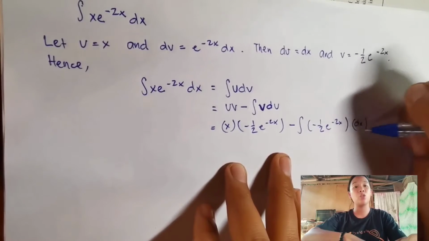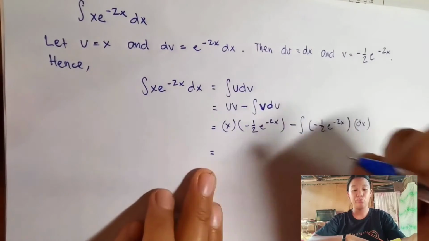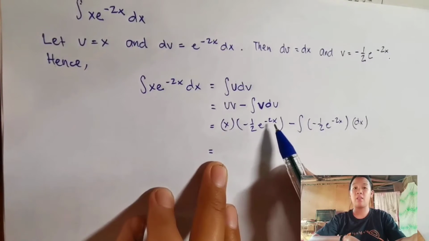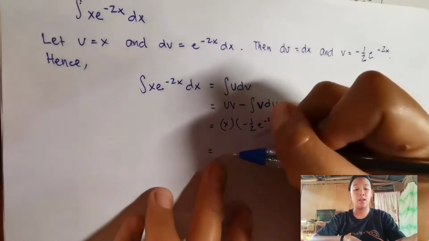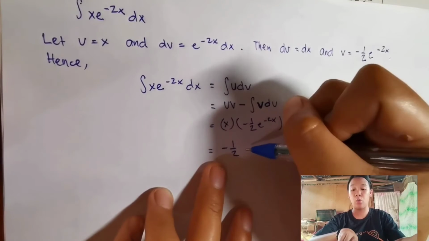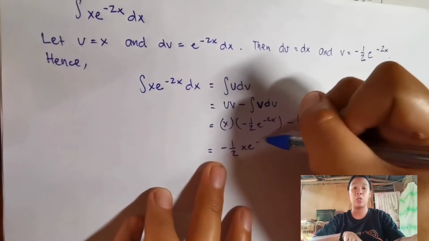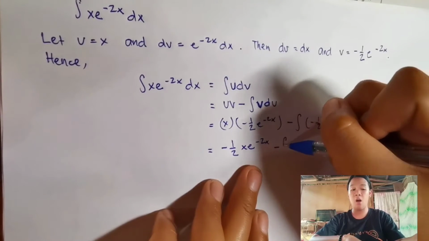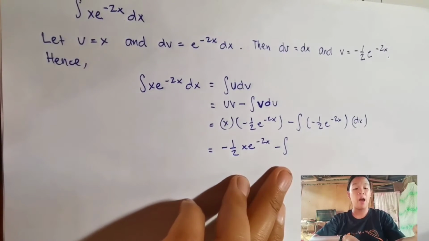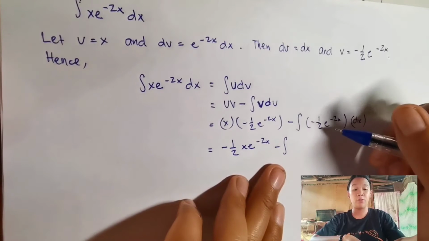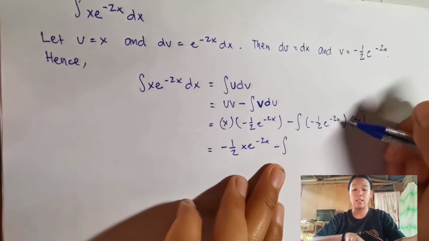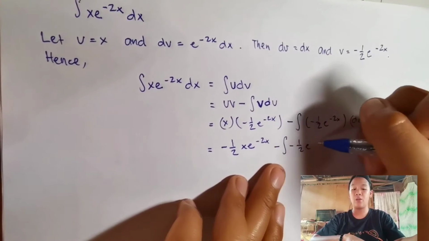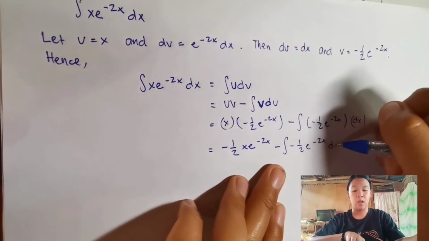Then the next thing to do is multiply x times negative 1/2 e raised to the power of negative 2x, which becomes negative 1/2 x e raised to the power of negative 2x, minus the integral of negative 1/2 e raised to the power of negative 2x dx.